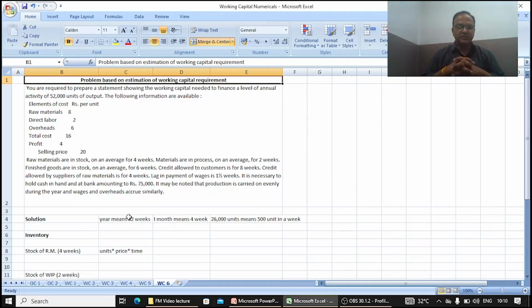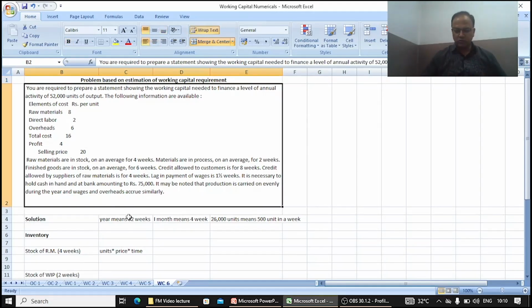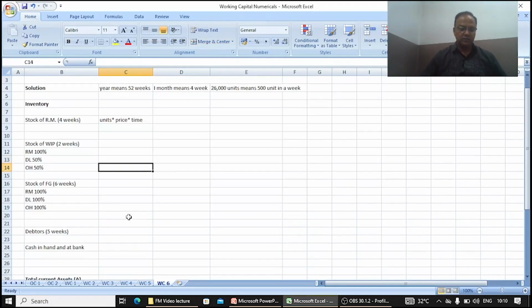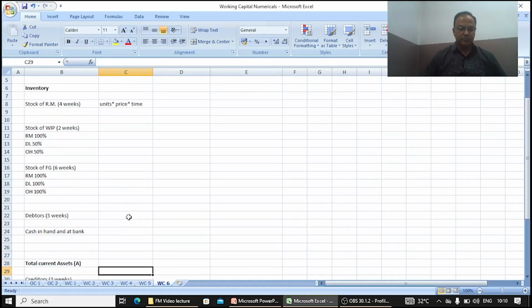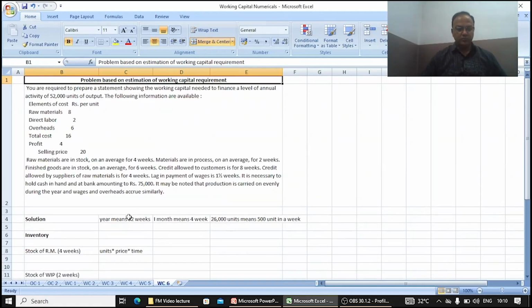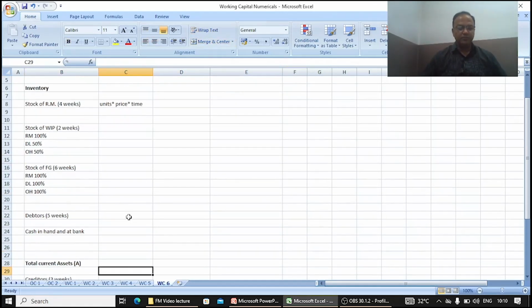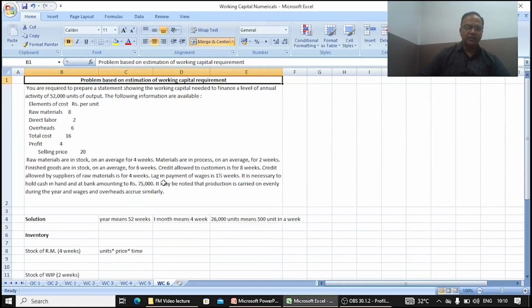Selling price 20. Total cost 16. Now timing.